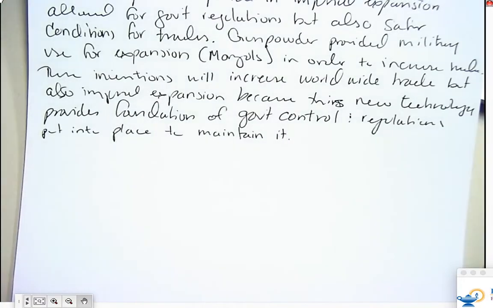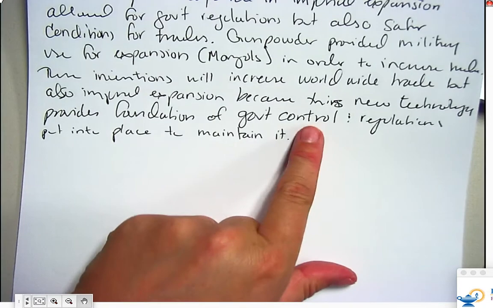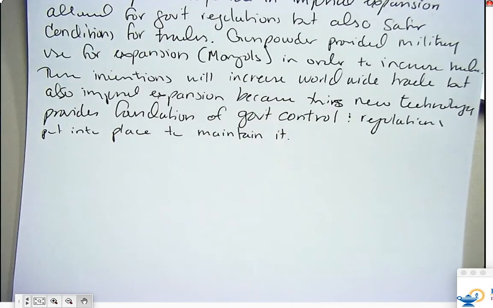There you go. Put it into place to maintain it, like that government control and regulations. Okay, so in order for everything, had tariffs and import taxes, correct? Export taxes. Okay, all that had to be regulated. And that's how they're making their money, and that's how they're going to stay on top.